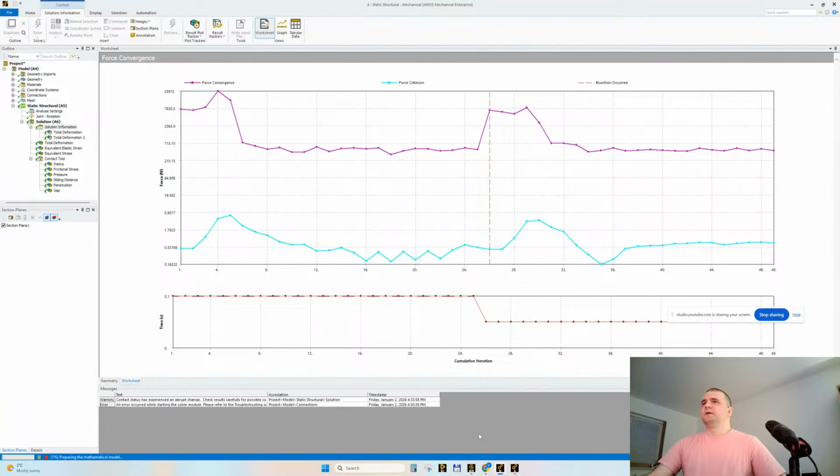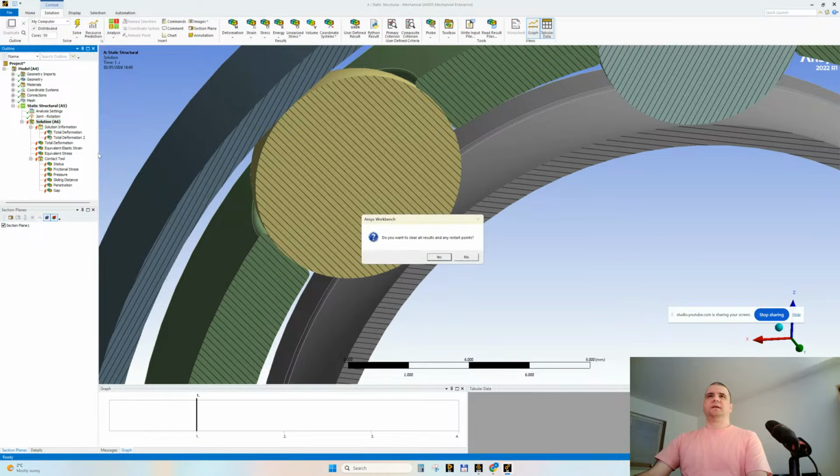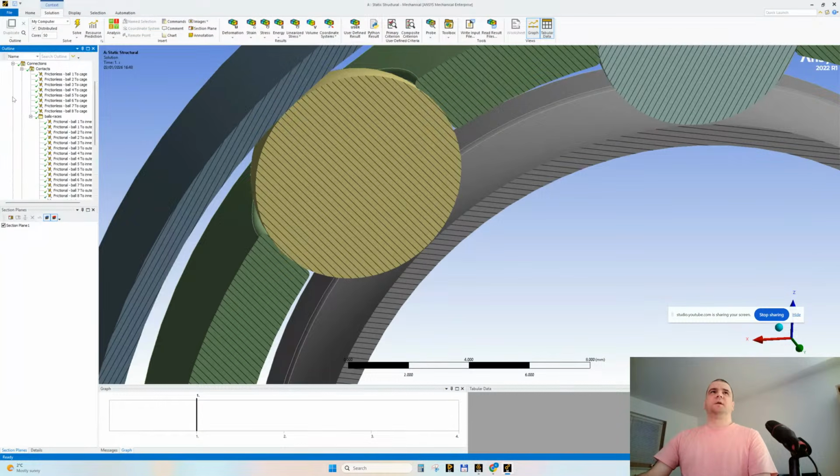As long as we are here, I don't like how it goes. This means that the gap is too much. I'm talking about the gap between the balls and the races. It's too big an allowance, let's say. Clear generated data. All right.